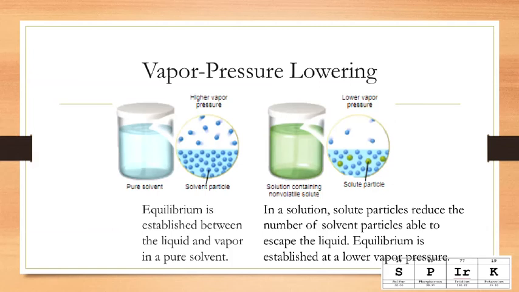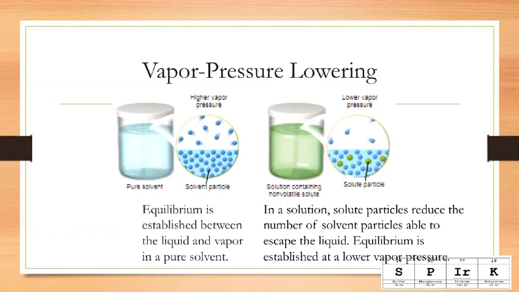So with vapor pressure lowering, we have these two diagrams here. Let's look at the one on the left. Equilibrium is first established between the liquid and the vapor in a pure solvent. You see we have some of those gas particles above the liquid bouncing around, exerting vapor pressure.